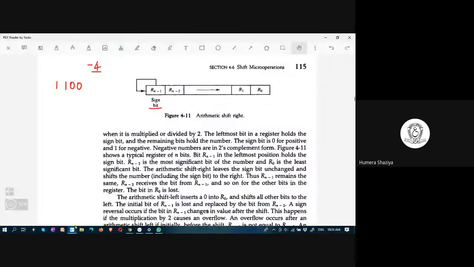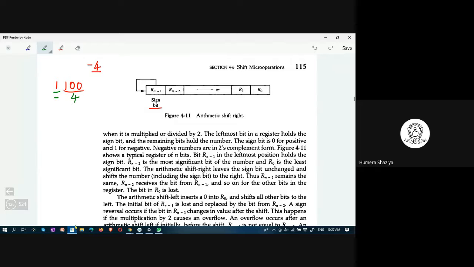Okay, students, try to understand here. Negative number, this is minus 4. If you look at here, this denotes 4, right? This is 4, and the last bit signifies that it is minus 4.